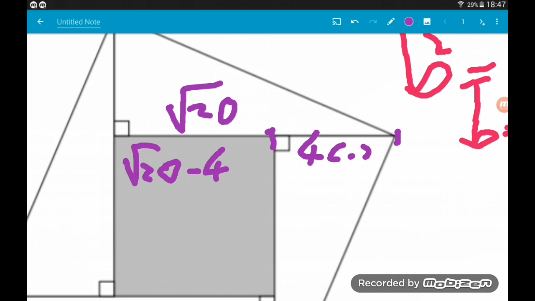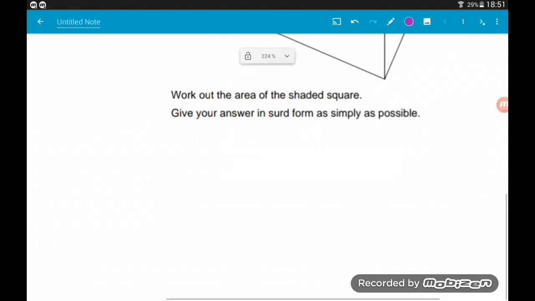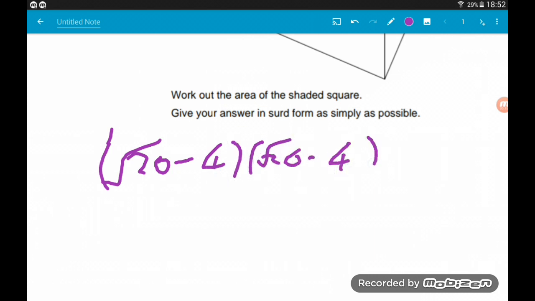So to work out the area of a square, we do the base times the height. So we want to do root 20 minus 4 times root 20 minus 4. So let's move down the page and do just that. With surd expansions, I highly recommend using a table. So we want to do root 20 minus 4 times root 20 minus 4.